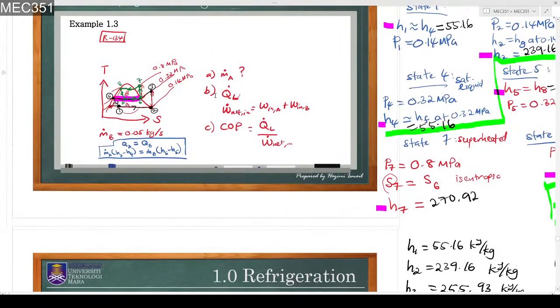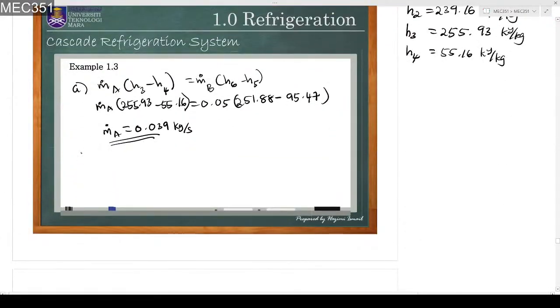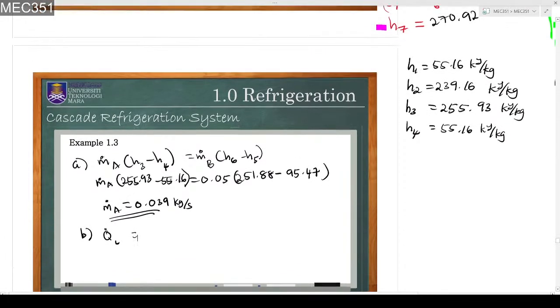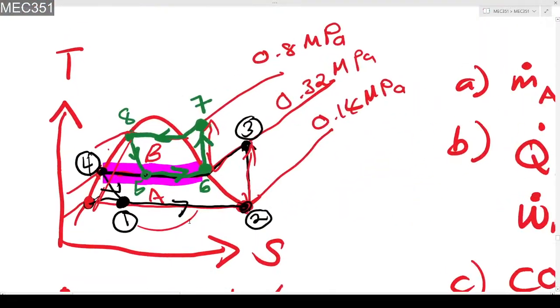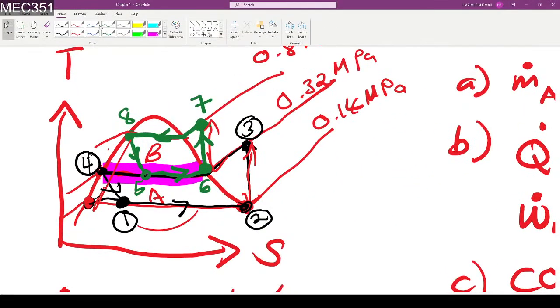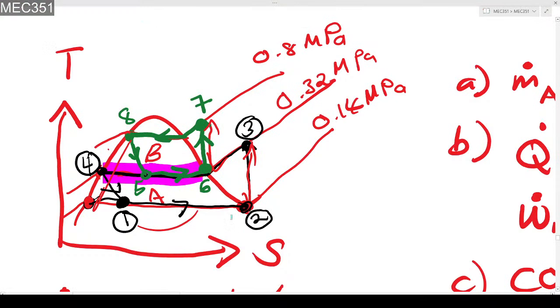Okay, and then for B, Q dot L. Okay, Q dot L happens between the state. Okay, I use this between the state 1 and 2.